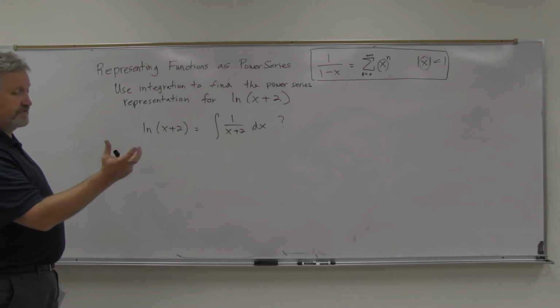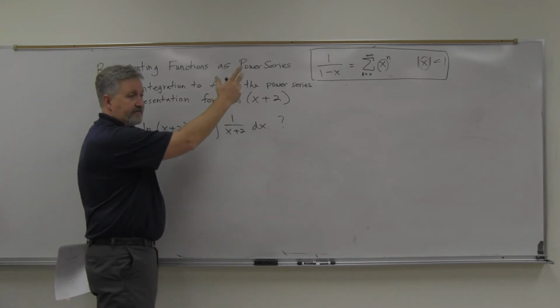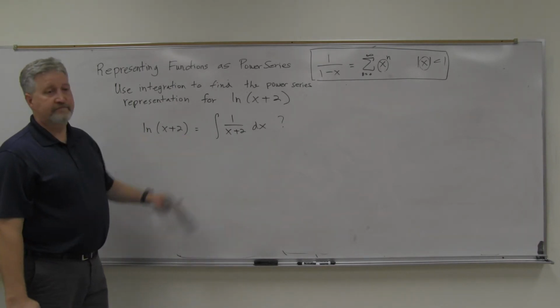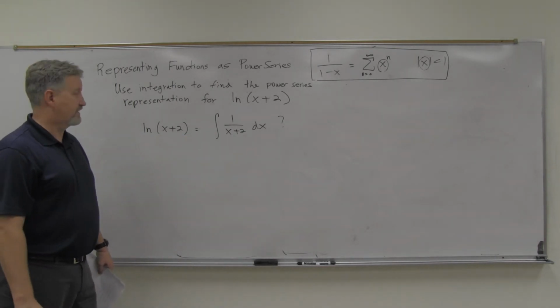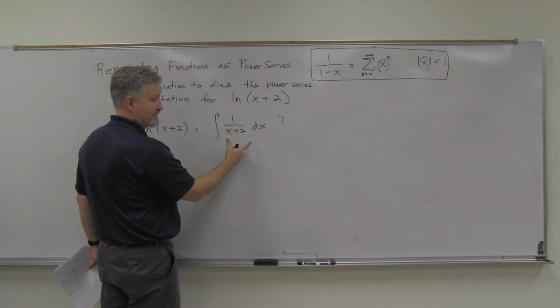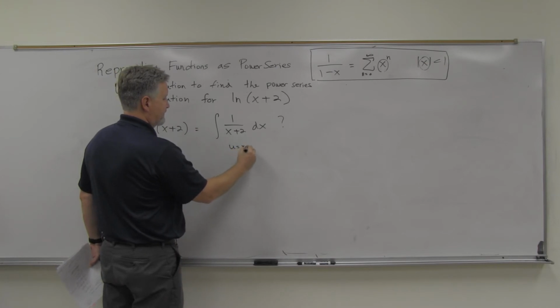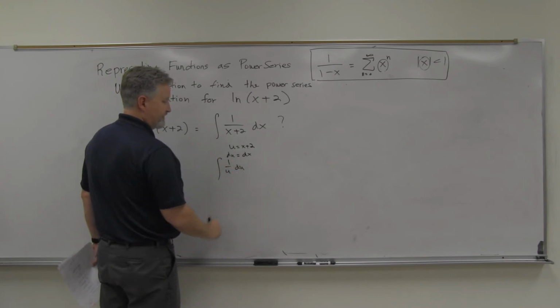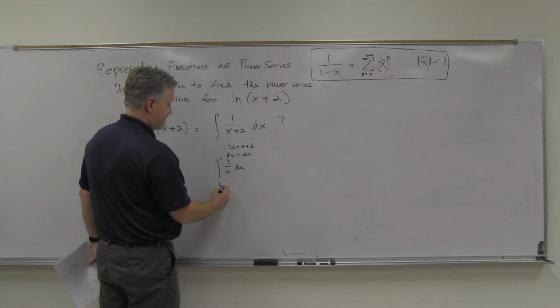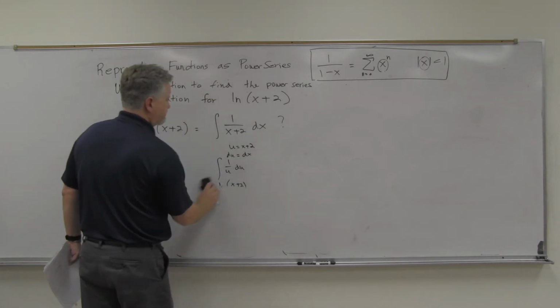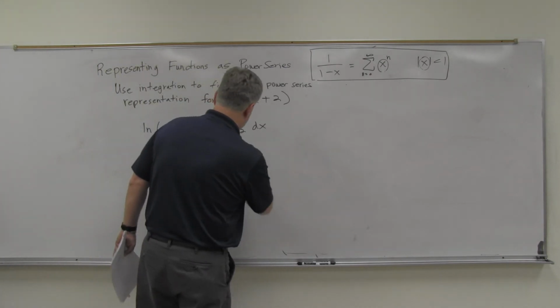A while ago it was almost that we just had a negative in front, but I think that's actually exactly it. If you integrate 1 over x plus 2, use substitution, du equals dx, so you get the integral of 1 over u du, which is ln of u. Yep, x plus 2. So that's exactly a match.